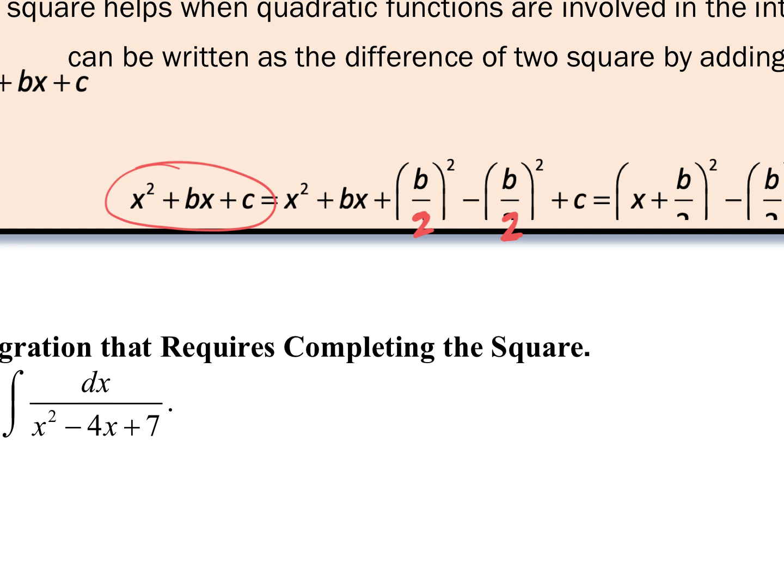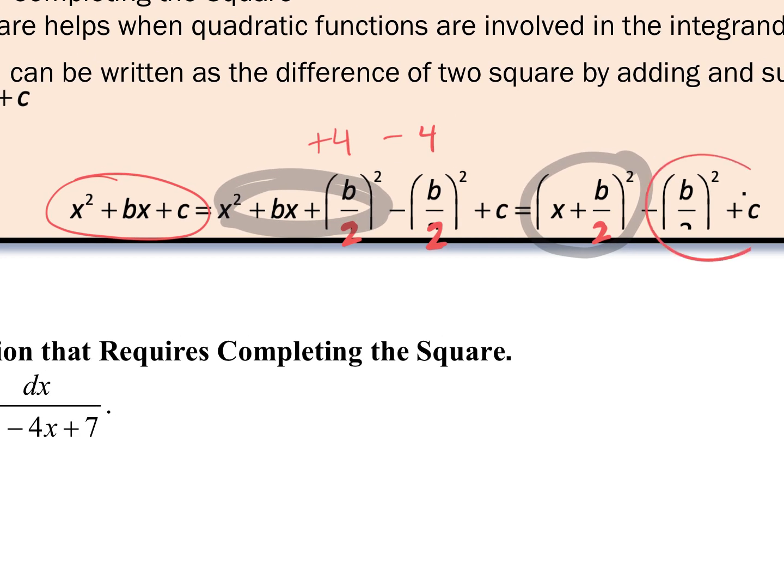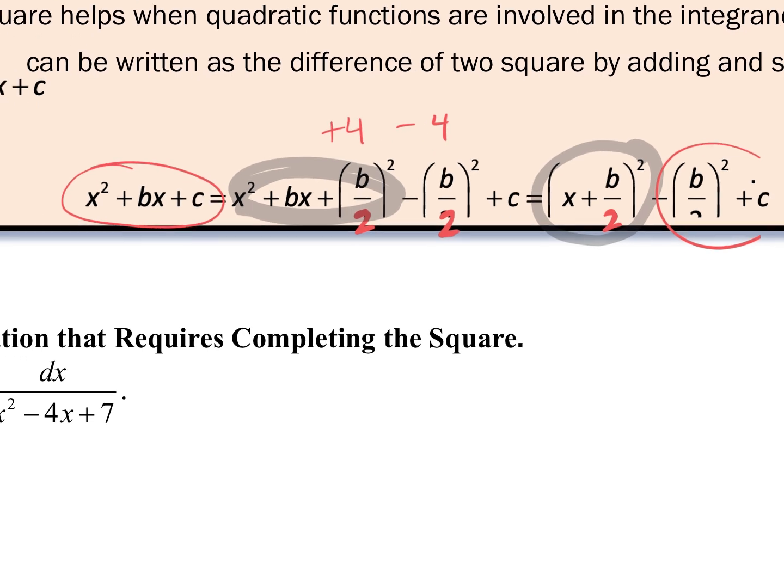If I add a number, let's say I add 4 and I subtract 4, I'm not actually changing the formula, but it allows me to take these first 3 terms and factor it into x plus b over 2 squared plus just my leftover stuff. So it allows us to integrate this a lot easier.